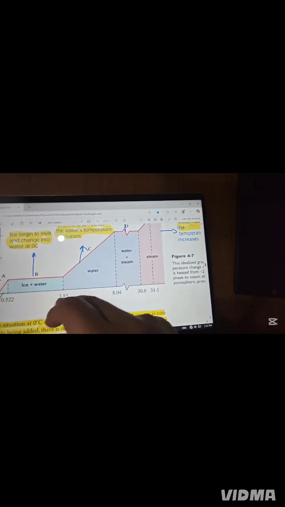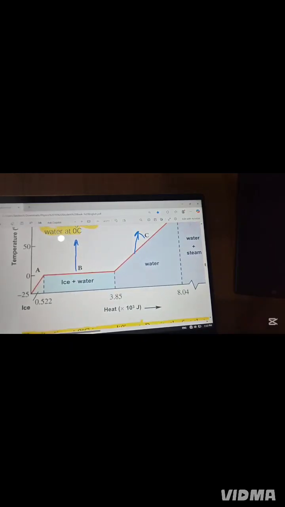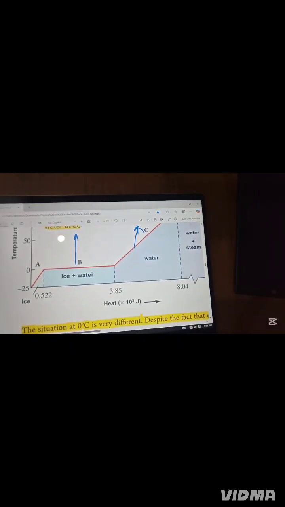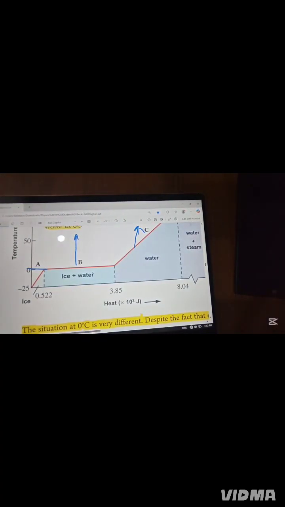Look, in part A, the temperature, I told you the vertical line is the temperature, is between 0 and negative 25.